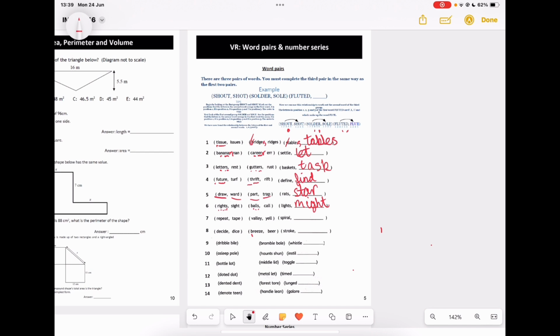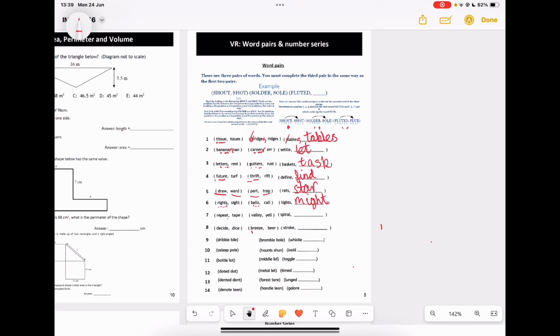Next is 7. So repeat and tape, valley and yell, and then we have spiral and our answer. Repeat is taking the last letter, and then it's adding the penultimate one, then the third, and then either the second or the fourth.